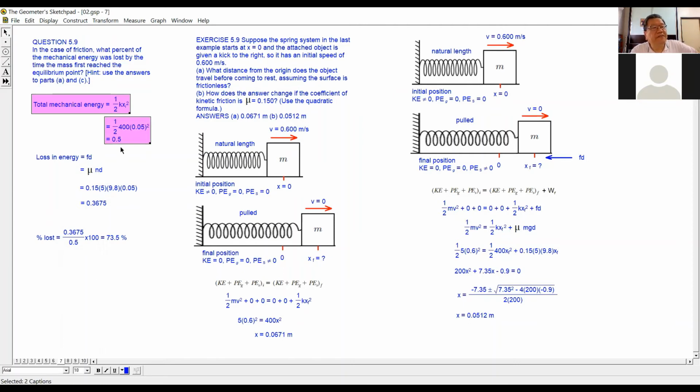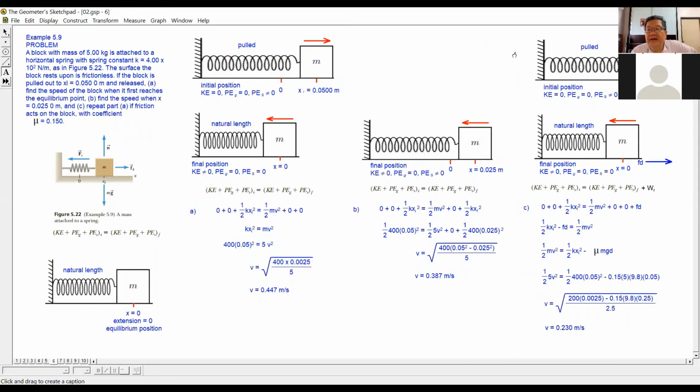So half, k is 400, x is 0.05. When I multiply these numbers together, the answer is 0.5 joule. So this is the total amount of energy I have at the initial position.